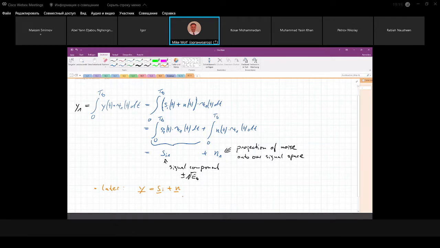So this is basically our signal vector. And then it's clear that only the component of the noise which is projected in our signal space matters; all the other noise components basically do not have any negative effect on the signal.